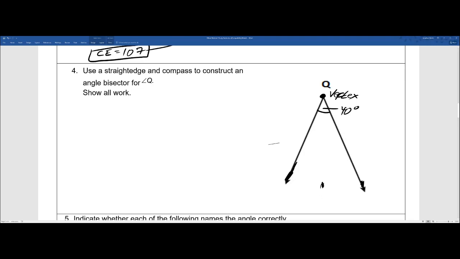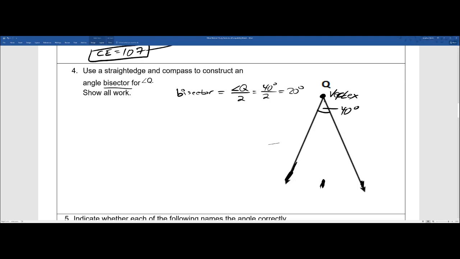Why? Because a bisector, bi means two, so basically your bisector equals half of whatever your angle measurement is for Q, okay? So we measured 40 degrees, and half of 40 has to be 20, and that's where we get our marking from on our protractor, okay?